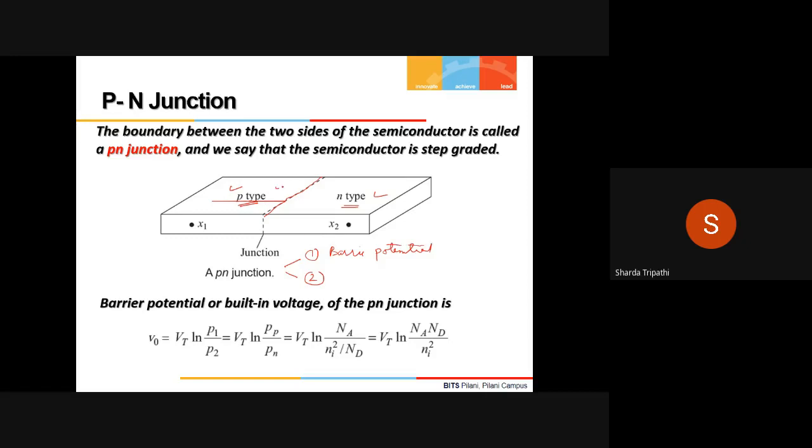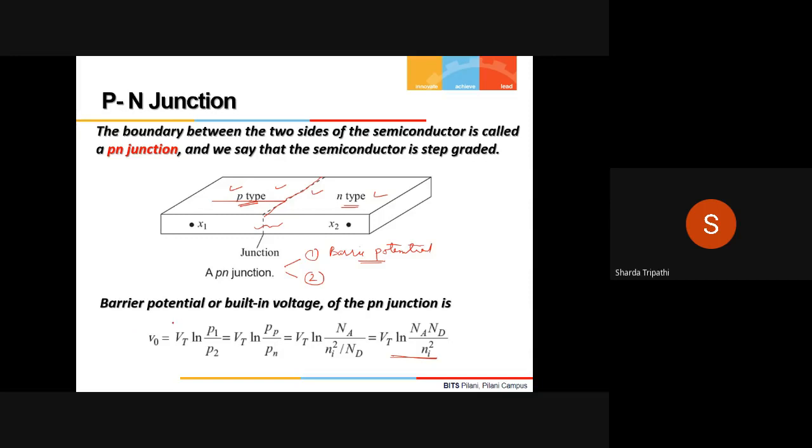So what happens is that the concentration here is different, and the concentration here is different. This difference in concentration leads to the buildup of a small electric field, thereby creating some small potential over here, which we call the barrier potential. And this is defined by this formula.